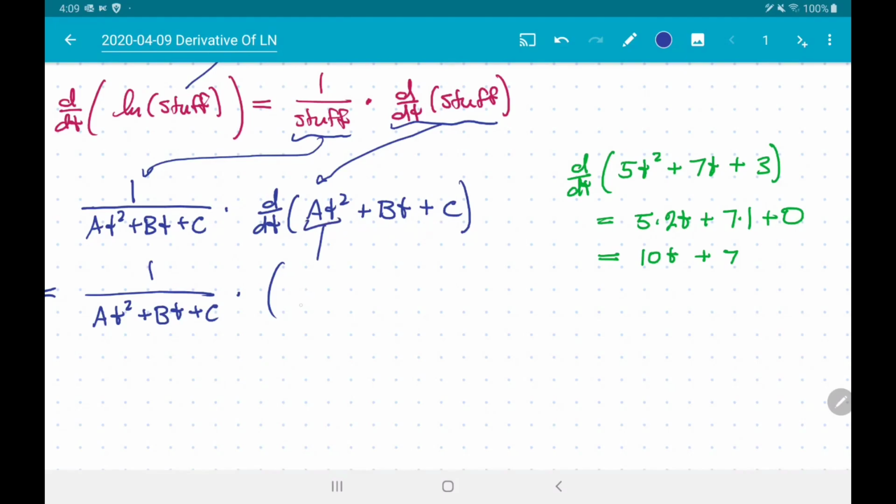For derivative of at squared, I keep a times and multiply by the result of the power rule applied to that t squared, which is 2t. And that is parallel to that.